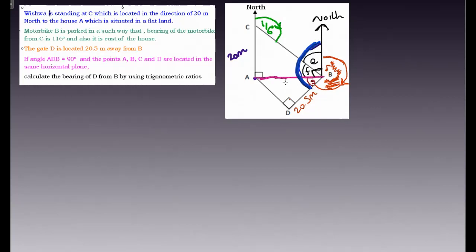So how do we find G's value? Can we apply trigonometry to find the angle G's value? First of all, angle G is an angle of which triangle? Okay, let's note it down here.